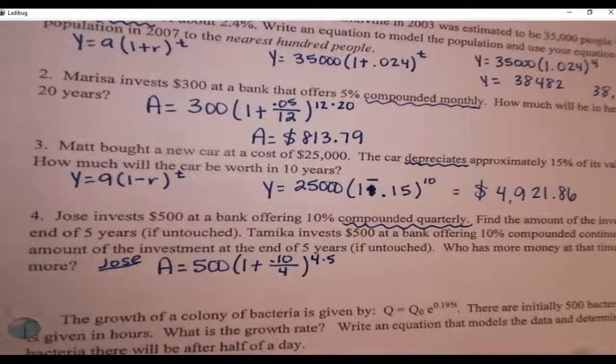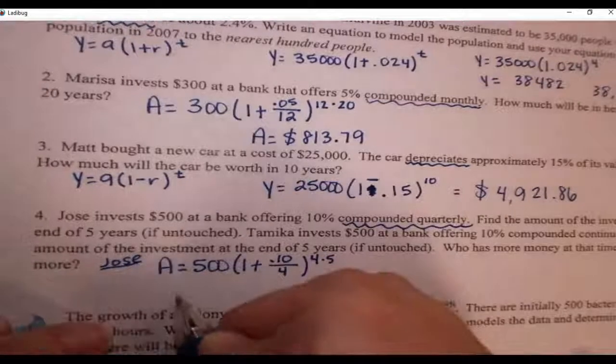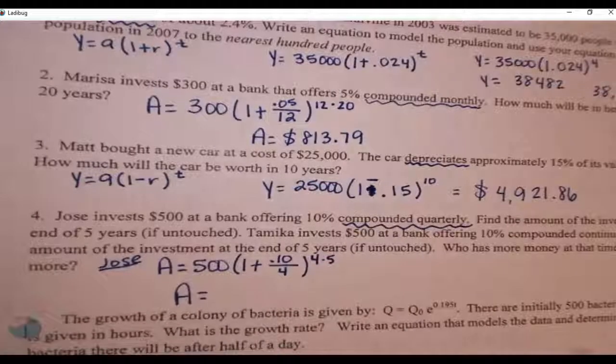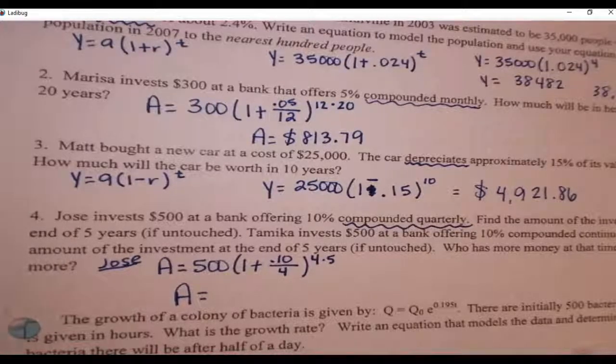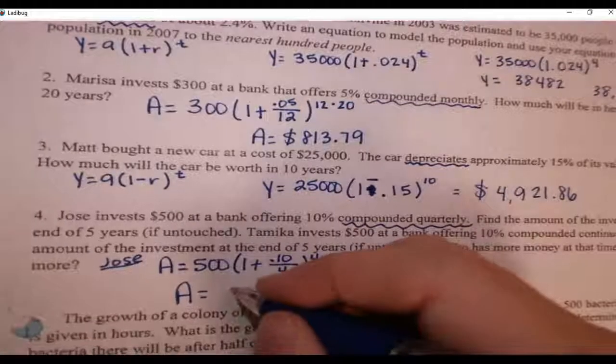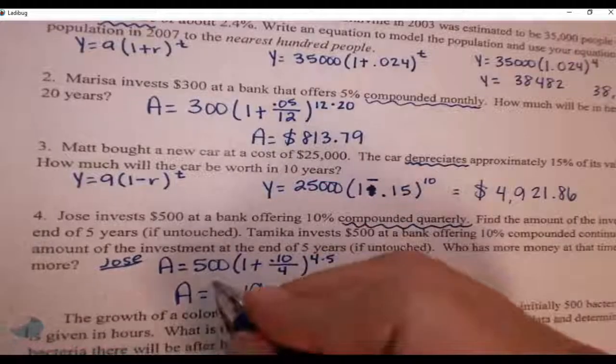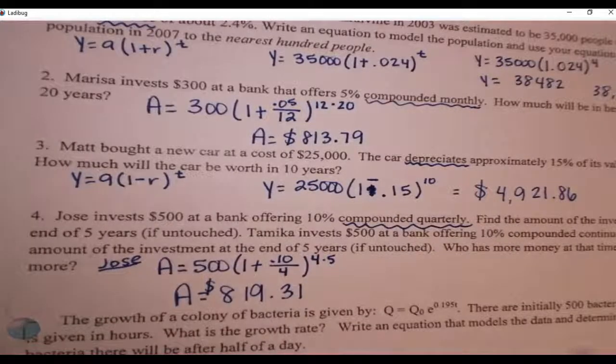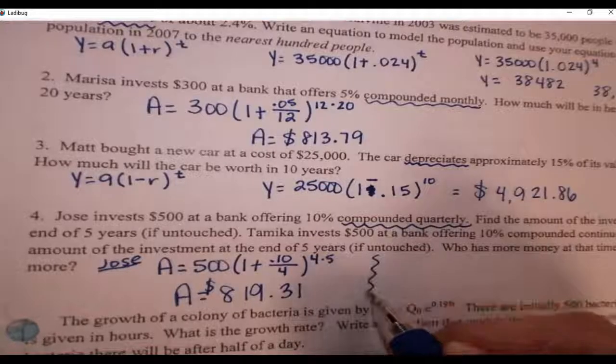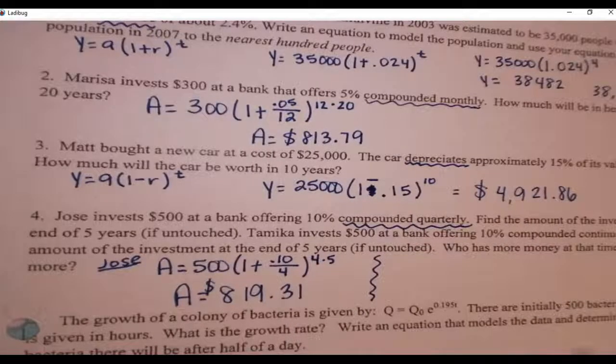So we're looking at 5 years. So how much is Jose going to have after 5 years? Good. $819 and 31 cents. Any question about that part?